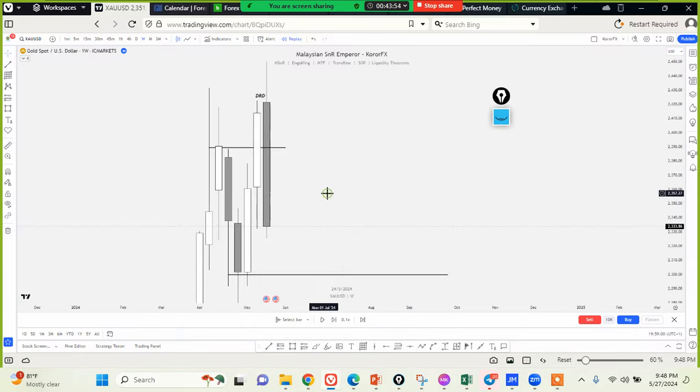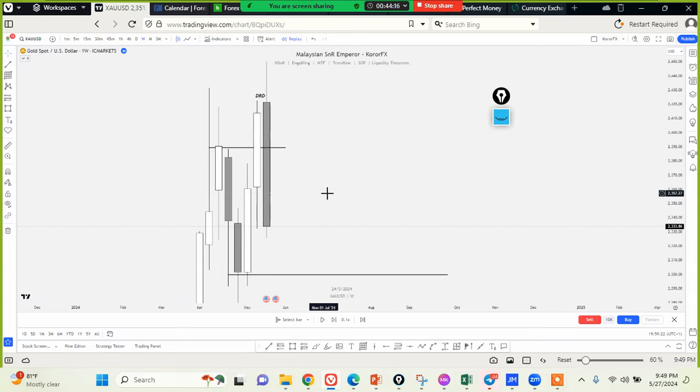So the rejection is the start of a storyline. We do not want to wait for another rejection. Okay, we want to wait for many ways of confirmation. One confirmation is the confirmation of a storyline. The second confirmation can be the setup, it can be the entry.